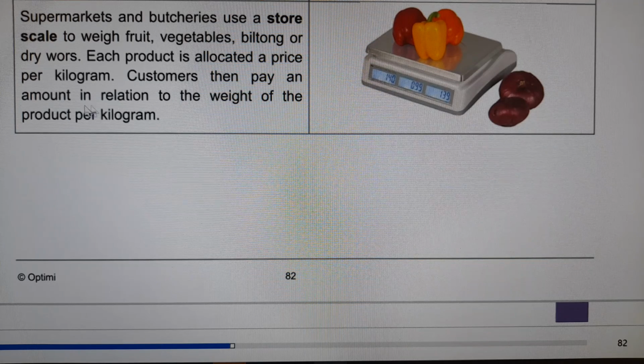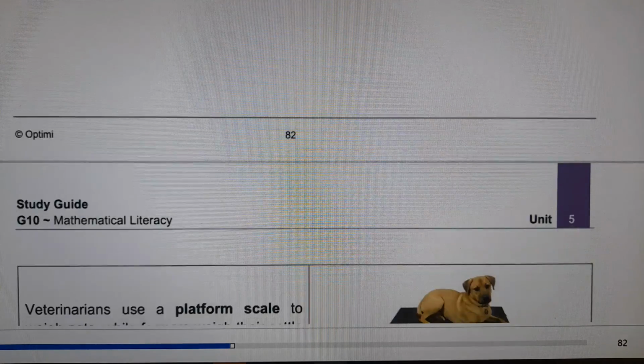Customers then pay an amount in relation to the weight of the product per kilogram. So the onion that you see here would have a price per kilogram of onion, and the peppers would have the price per kilogram of peppers. So the price per kilogram of onion would not be the same as per kilogram for peppers.